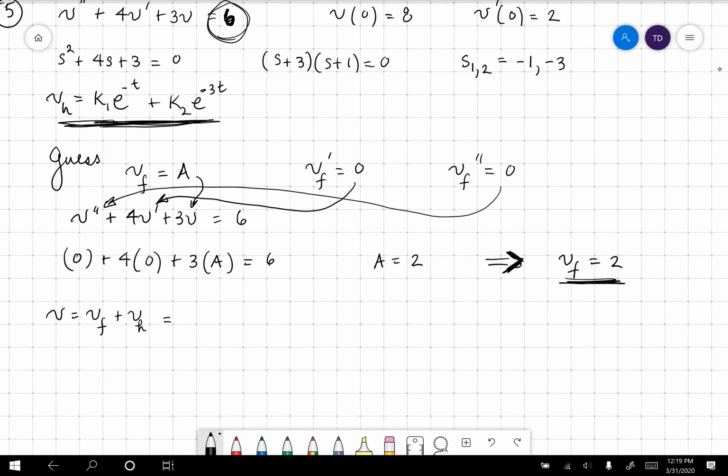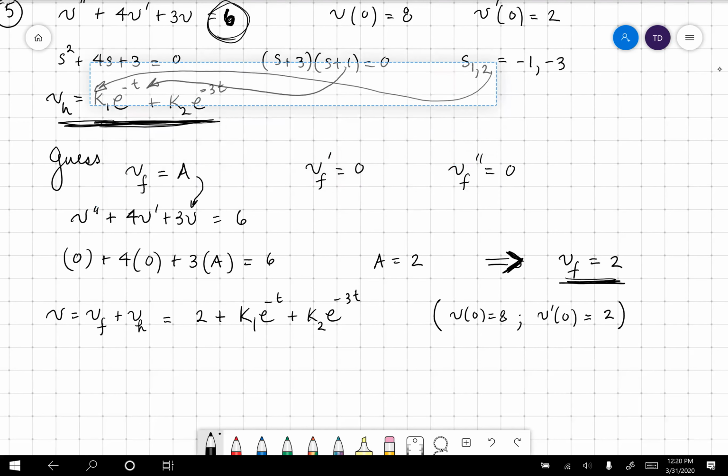And so that's equal to 2 plus K1 e to the minus t plus K2 e to the minus 3t. Just a reminder, the initial conditions for this particular problem are V of 0 is equal to 8 and V prime at 0 is equal to 2.